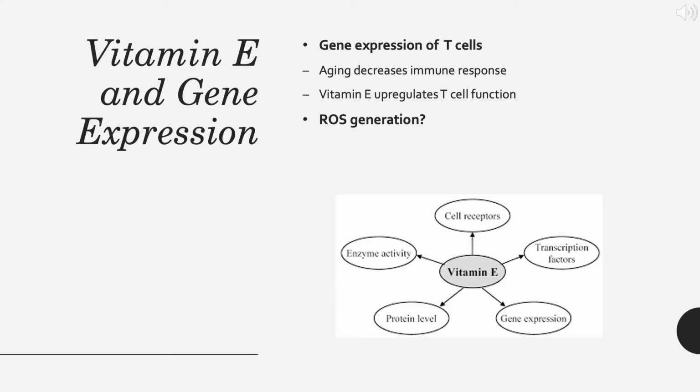So as far as vitamin E's effect on gene expression, it actually does affect the gene expression of T cells. As you age, your immune response decreases, but vitamin E can improve the function of T cells.